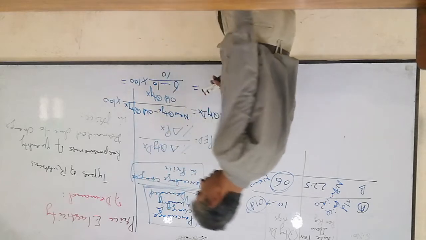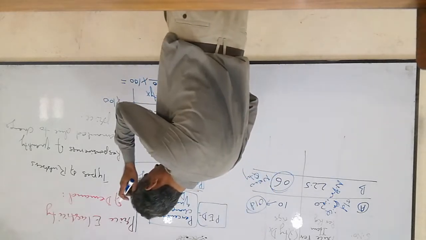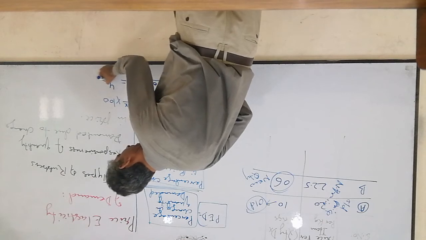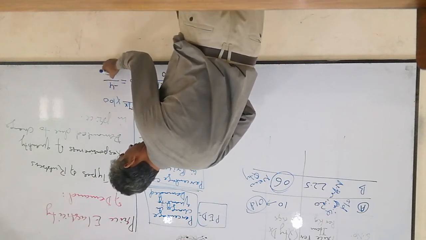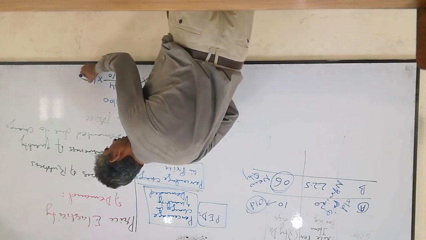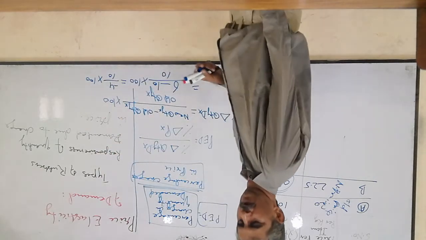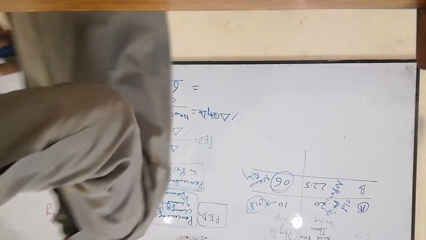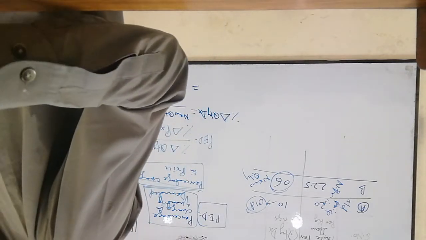So we have 6 minus 10, that is minus 4, divided by 10, into 100.